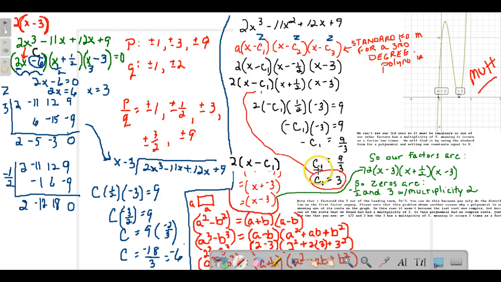So then I got C1 equals 9 divided by 3, and so C1 equals 3. And so that would make sense then, because that's what we found over there. We found that our x equaled 3, our 0, this was our 0.